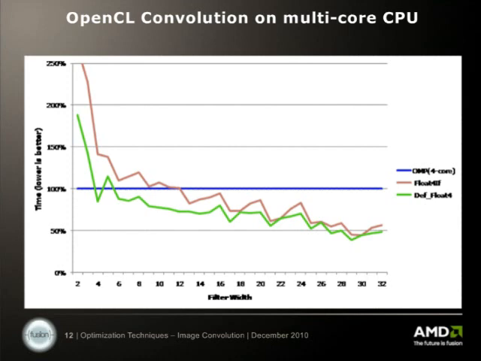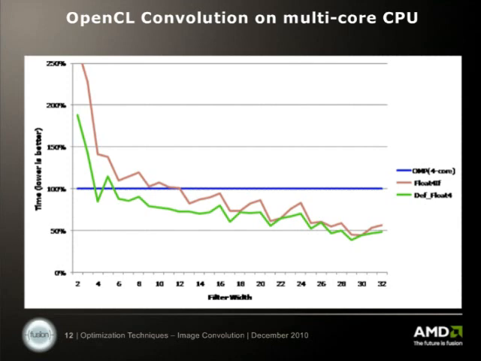Here's an example. The red line is a multi-threaded OpenMP implementation of the convolution algorithm, and then I have two different implementations of our kernel on the CPU. One is using vectorization, with float4.